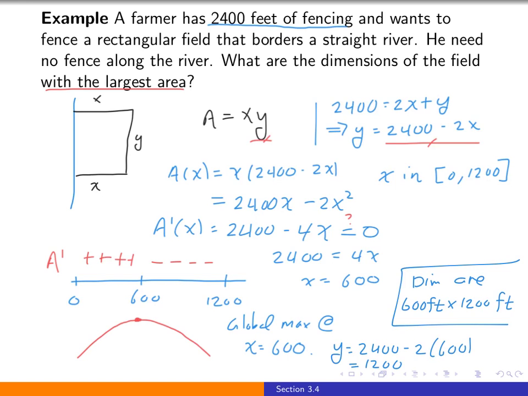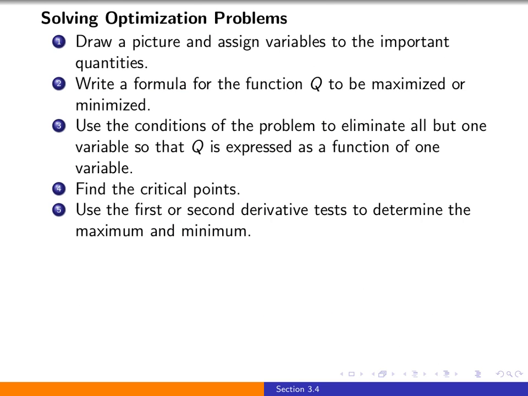Now, this procedure is something that we can easily replicate in future problems. I think of it in terms of the following steps. We read the problem carefully and we draw a picture that allows us to encode all of that relevant information. We assign variables to those important quantities. Whatever quantity we want to maximize or minimize, we write a formula for that function.